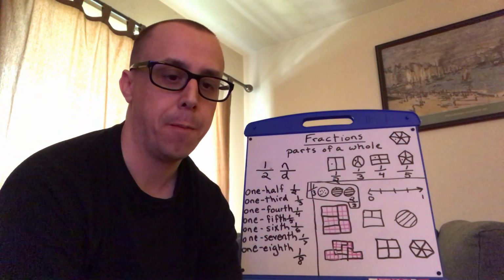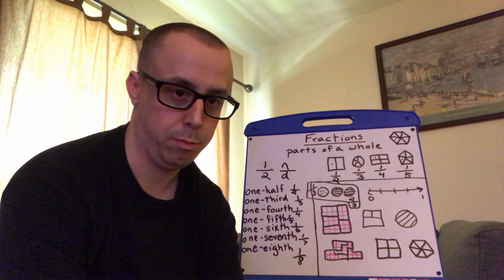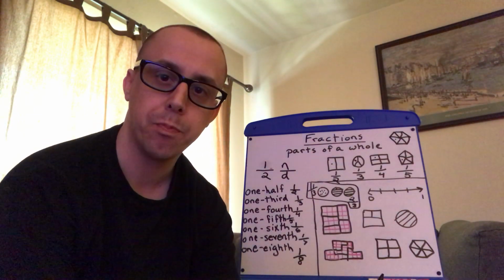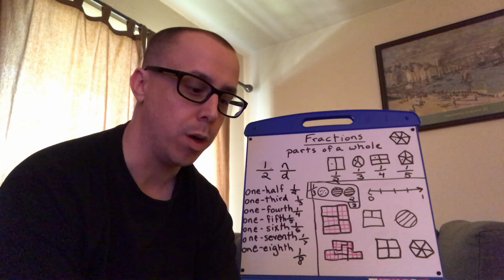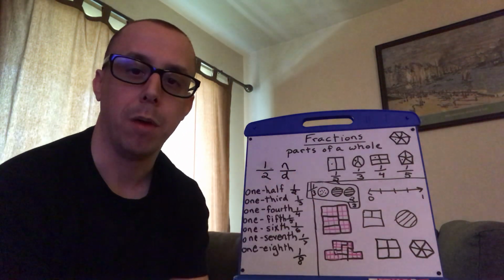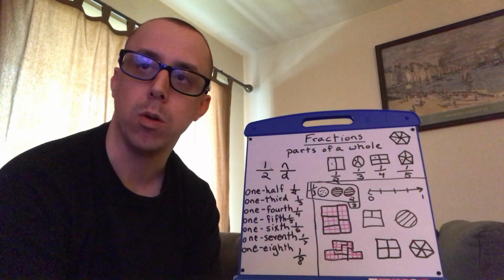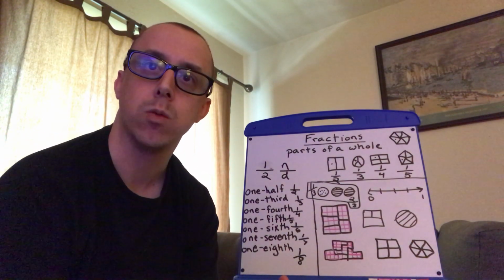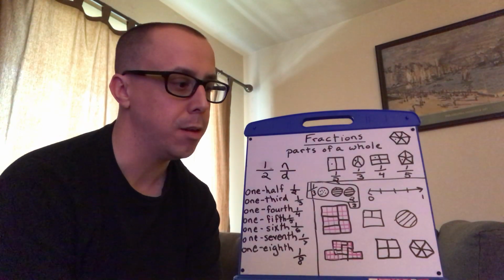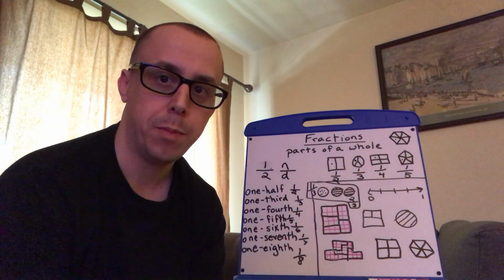If I bought 100 of something and I had 20 people, okay, I can take that 100 and I would want to divide it evenly amongst those 20 people. So the group of objects would be divided. Okay, think about pizza.